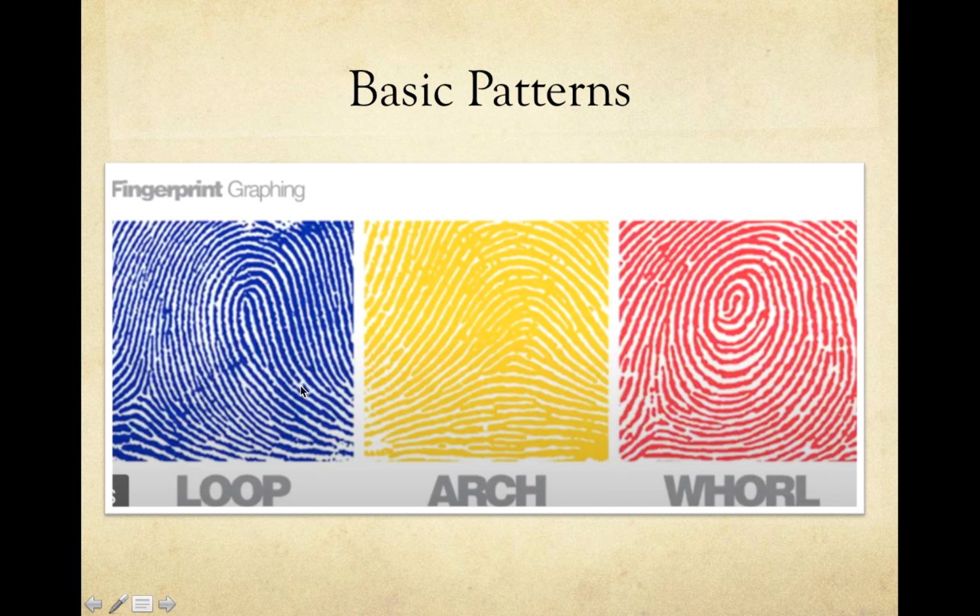Whereas with the loop, you can see here, it comes into the middle and comes back out on the right here. And then with the whorl, you can see that the whorl here is really just this circular type of ridge. So those are the 3 basic patterns of fingerprints that experts look at.